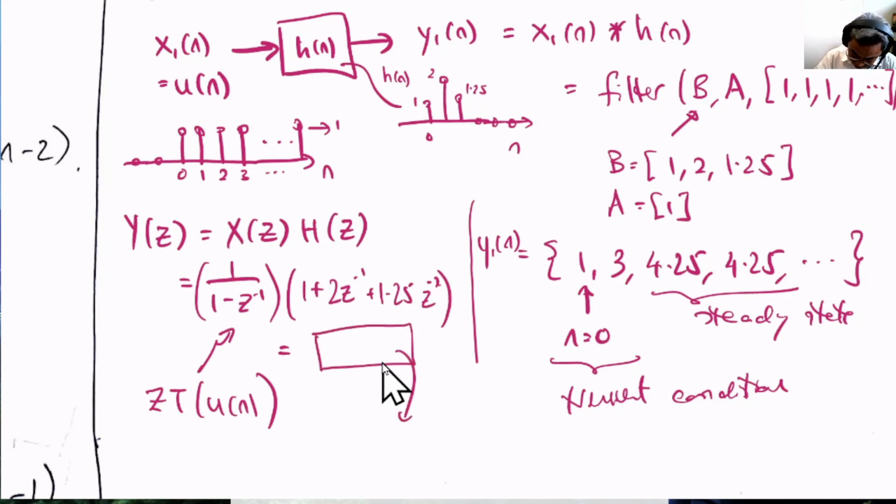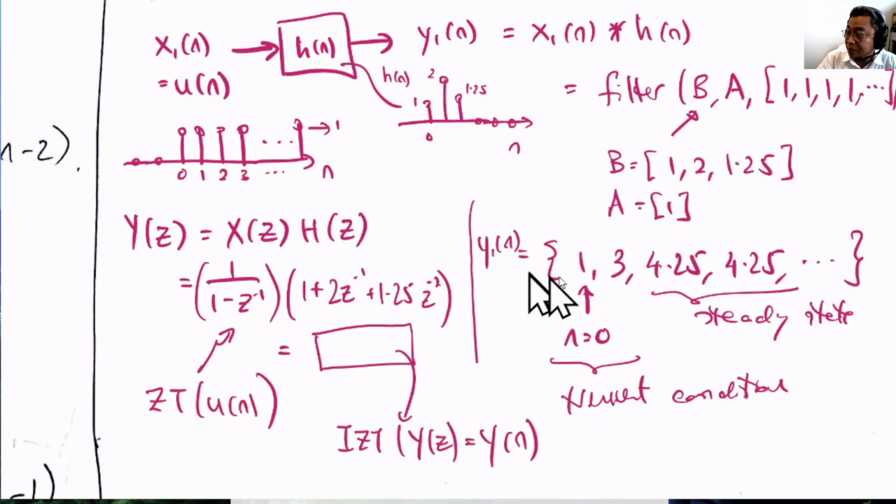Then you do the inverse Z transform of Y(z) to get y[n], and you realize that this will pop up. So by using the Z transform, we get the transient condition as well as the steady state.